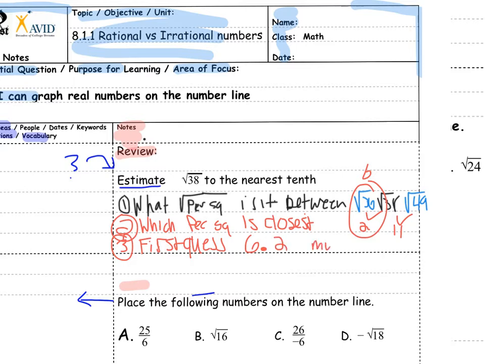Then you're going to multiply that, and then you're going to make your second guess. If this number is too much, your second guess will be 6.1. If it is too little, it'll be 6.3.